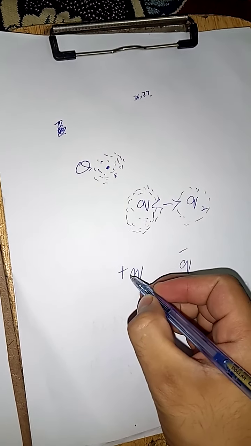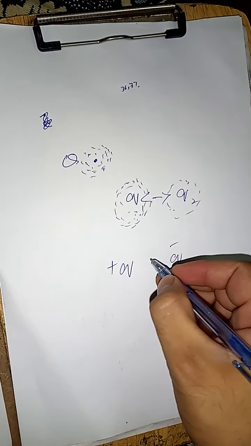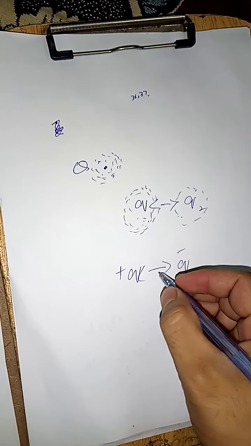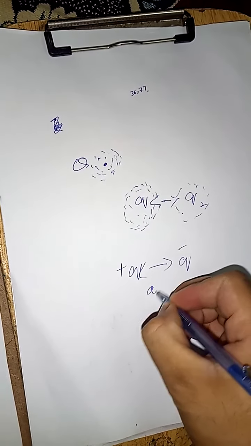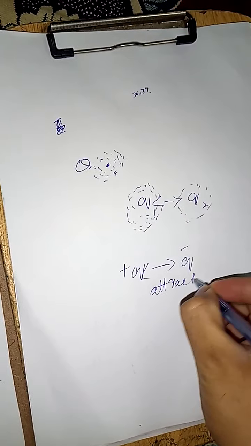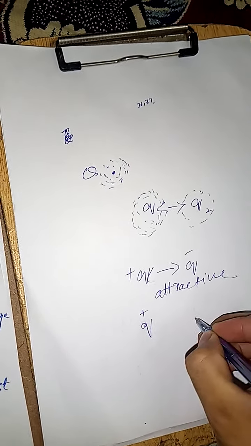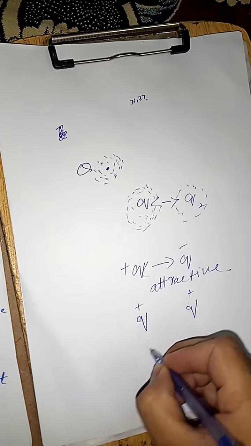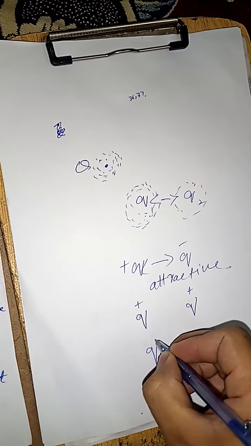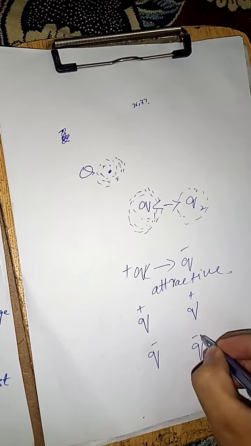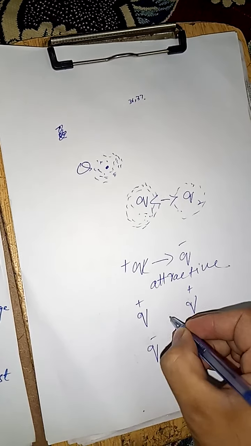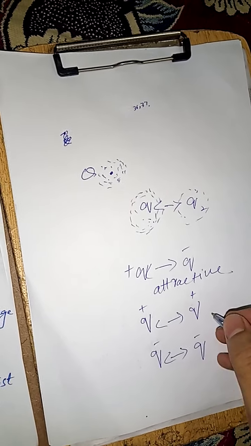If one charge is positive and the other is negative, the force between them will be attractive. But if the charges are the same, i.e. both positive or both negative, the force between them will be repulsive.